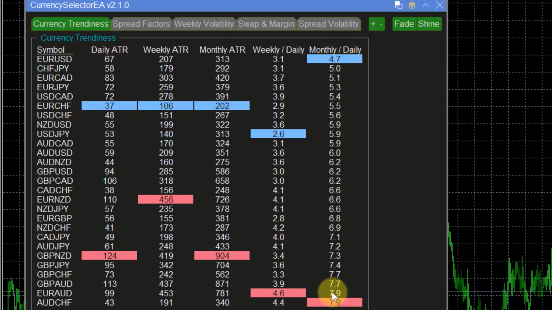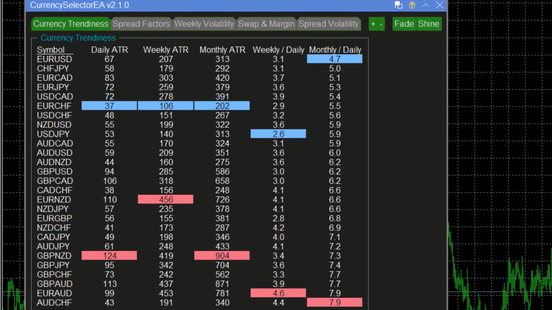Whereas down here on the Aussie franc, we have a monthly ATR of 340, but the daily is only 43. So the monthly ATR is 7.9 times the daily movement, and that makes that currency more trendy.